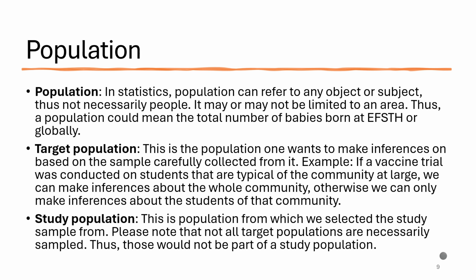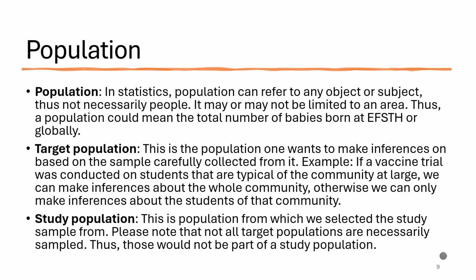Study population is the population from which we selected the sample from. It's not the target population, it's just the population that we selected our sample from. So let's say we wanted to make inferences about all the women in the Gambia, and we selected only women from Banjul. So our study population is women from Banjul.